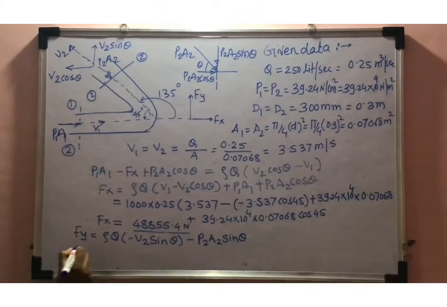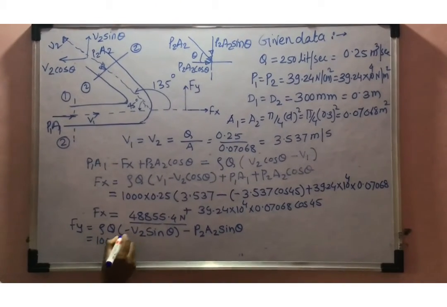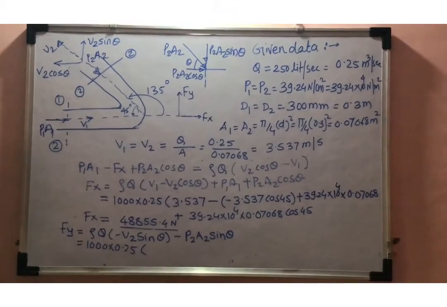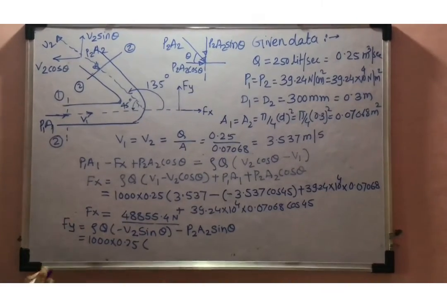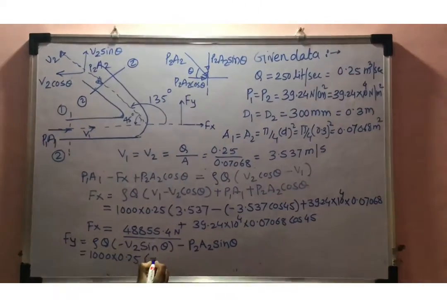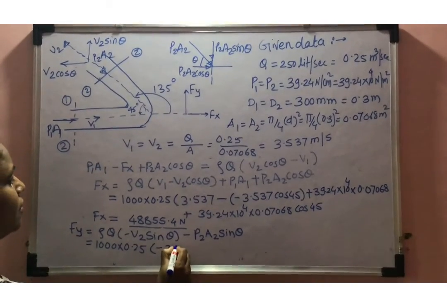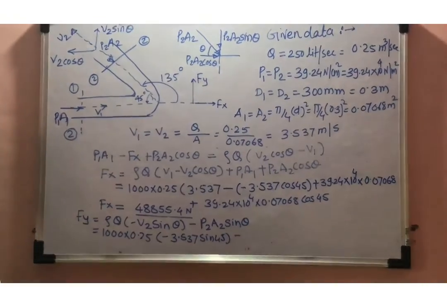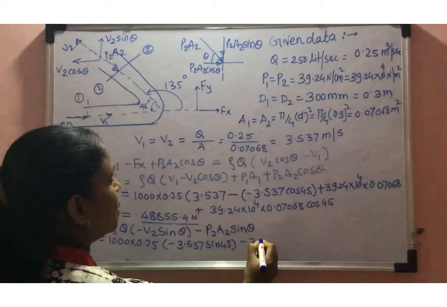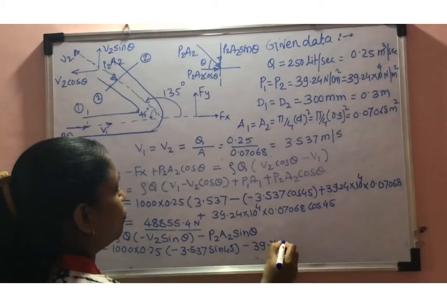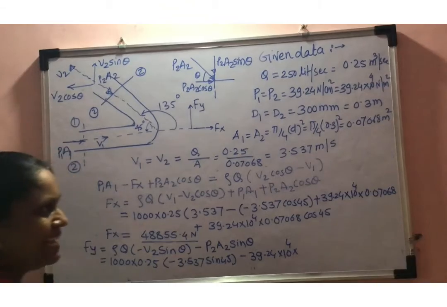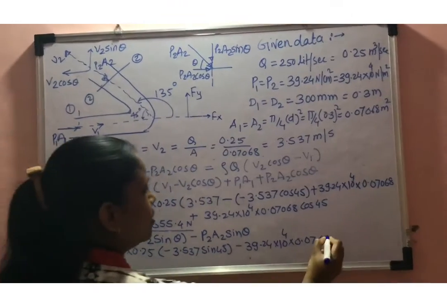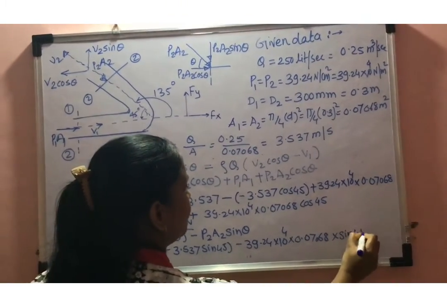Now put the values: 1000 into Q, 0.25, times minus V2 sin theta, that is 3.537 sin 45, minus P2, 39.24 into 10 raised to 4 into area 0.07068 into sin 45.